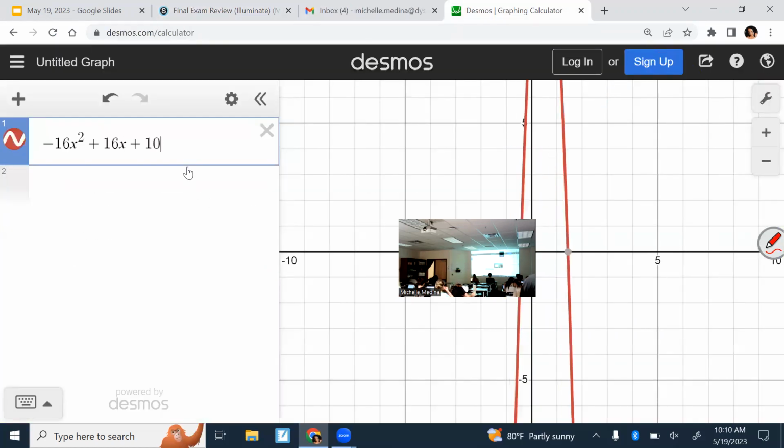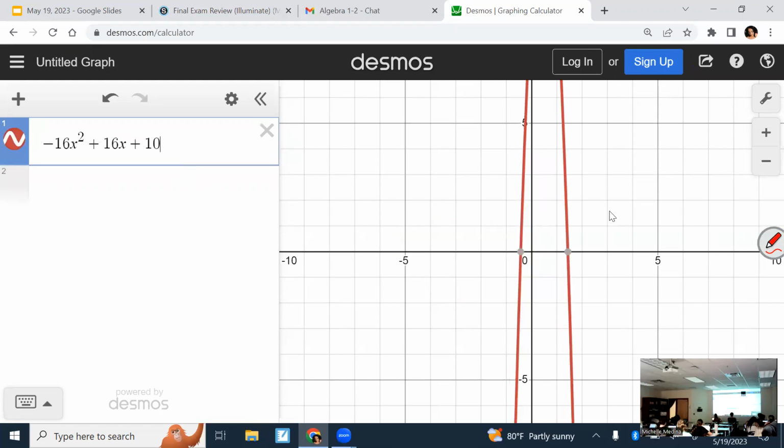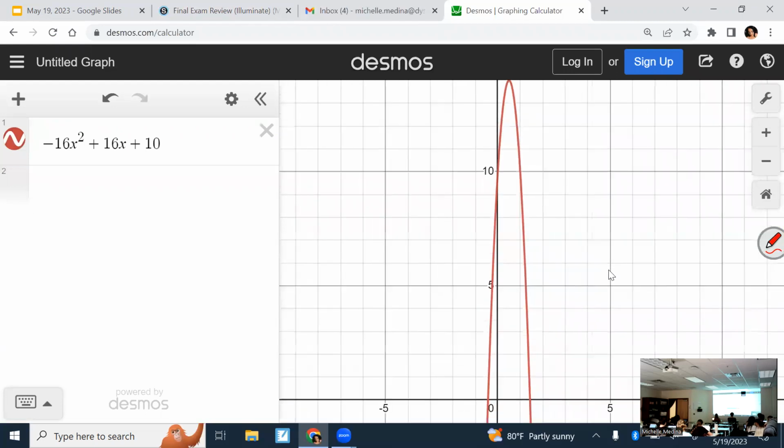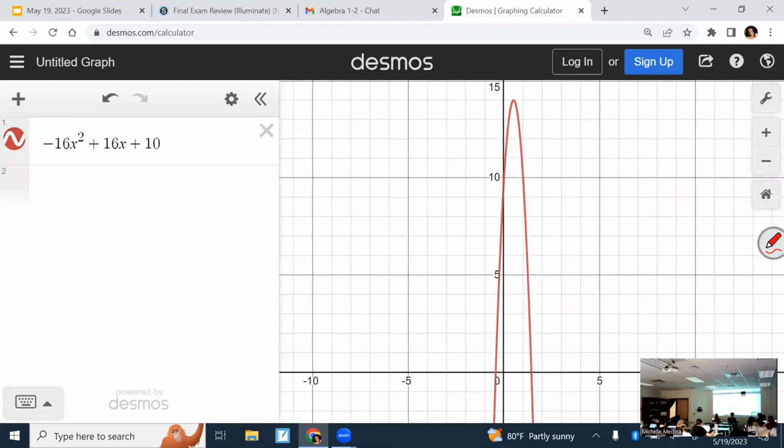Notice I changed the t's to x's. T is for time, so that would go on your x-axis. And the negative values would really make no sense, right? So don't look at the negatives. You can't have negative time. You can't have negative height. So really, we're just looking in this first quadrant.